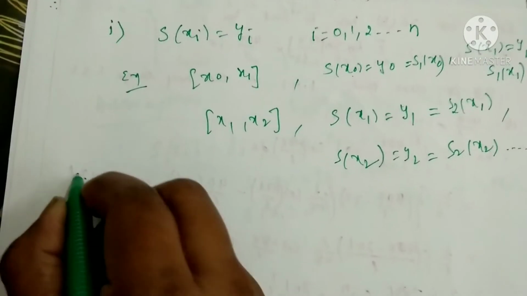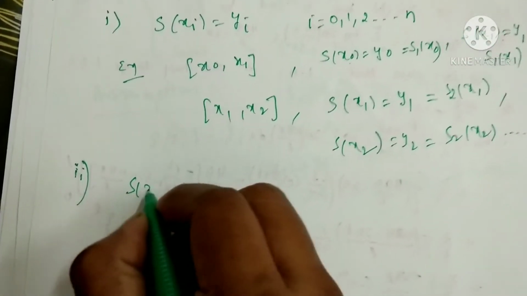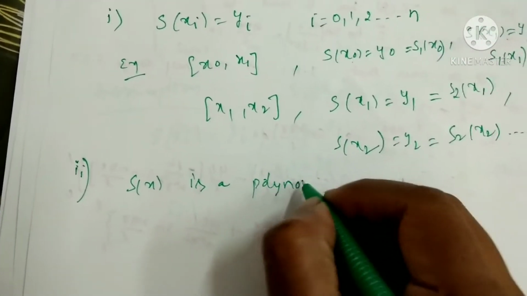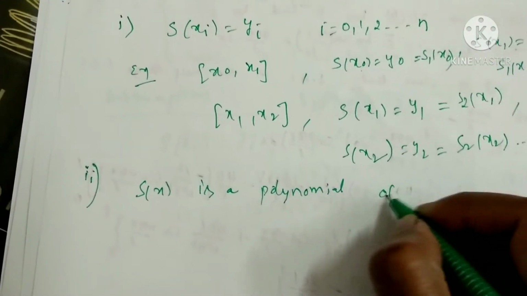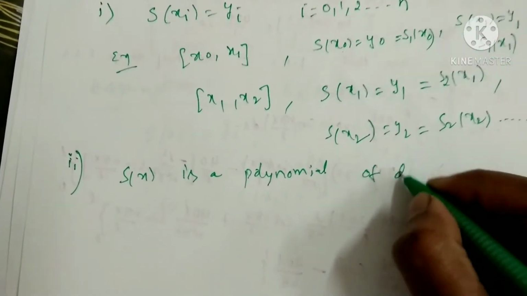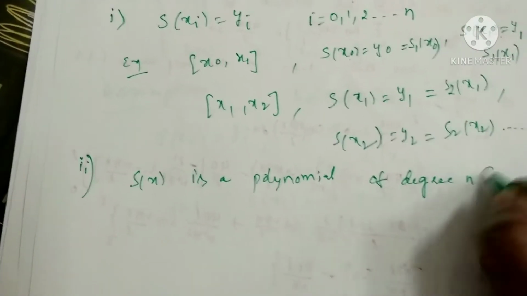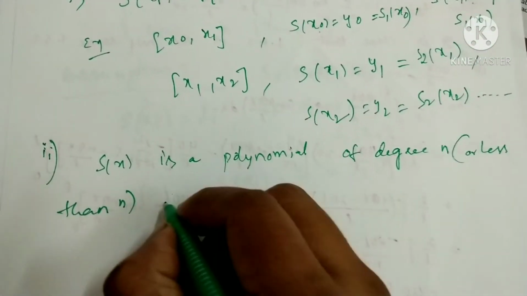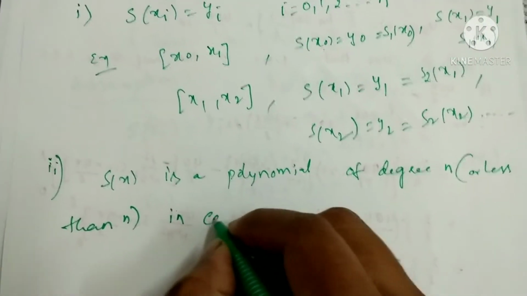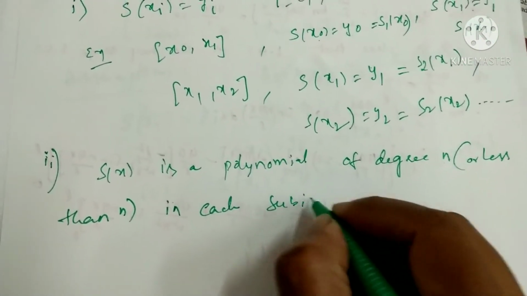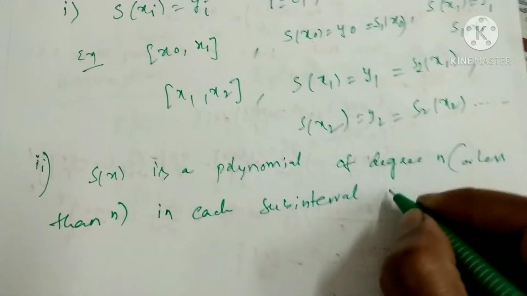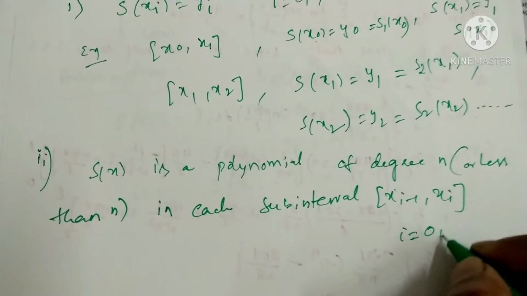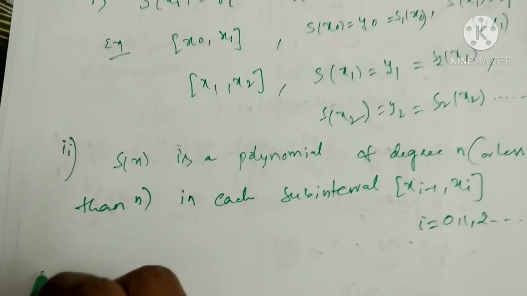Now the second point is s of x is a polynomial of degree n or less than that in each subinterval xi minus 1 comma xi, where i takes values 1, 2, 3 and so on.